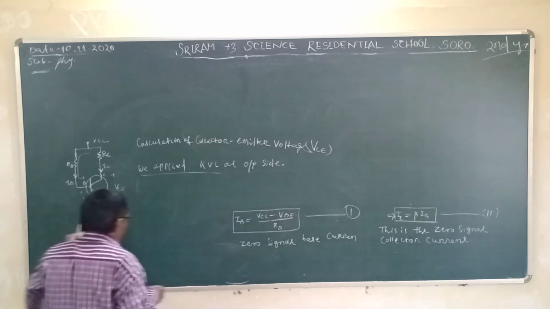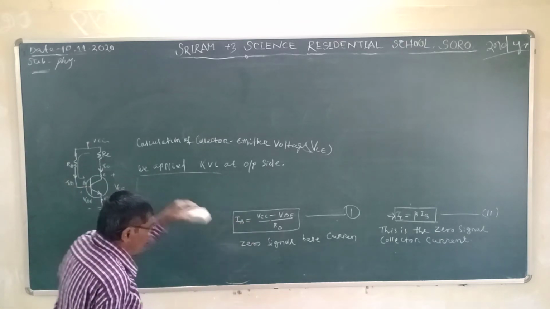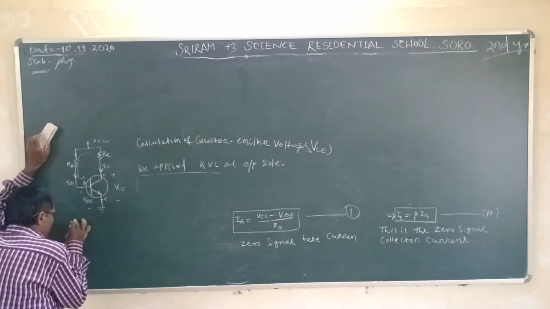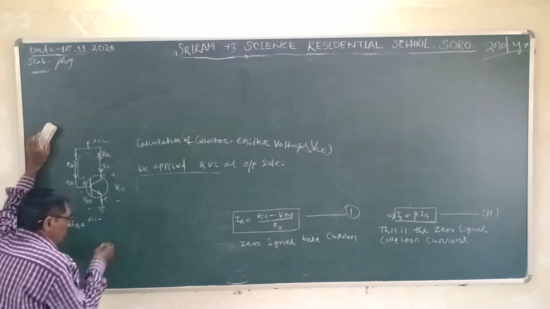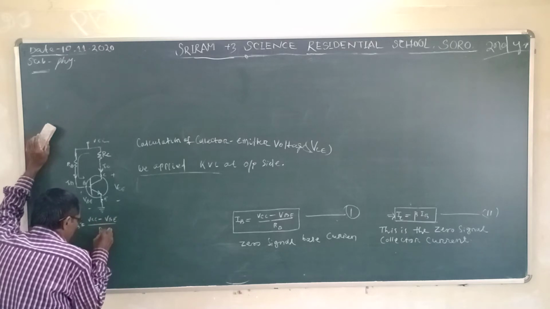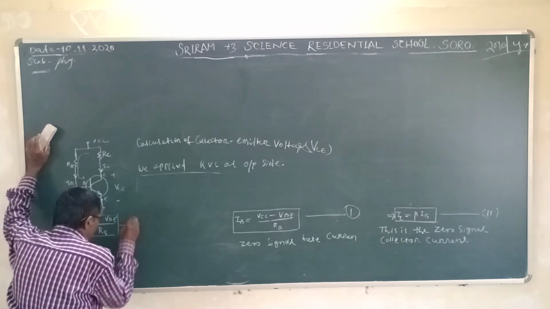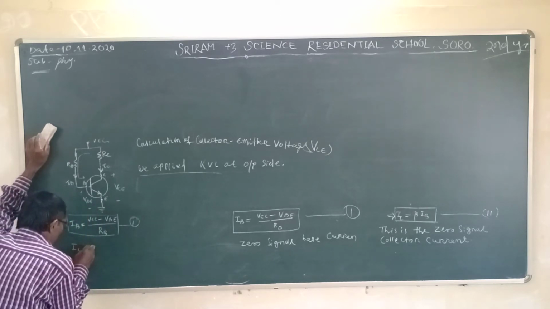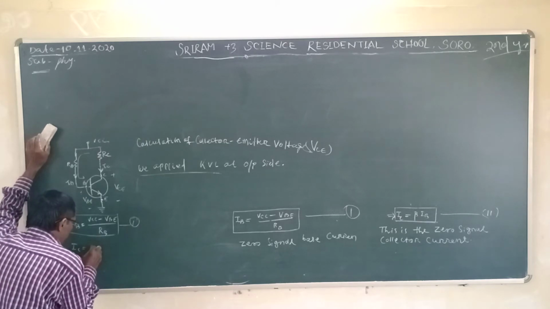From this, we write the equation IB equal to VCC minus VBE divided by RB. This is equation 1, and the second one is IC equal to beta IB.